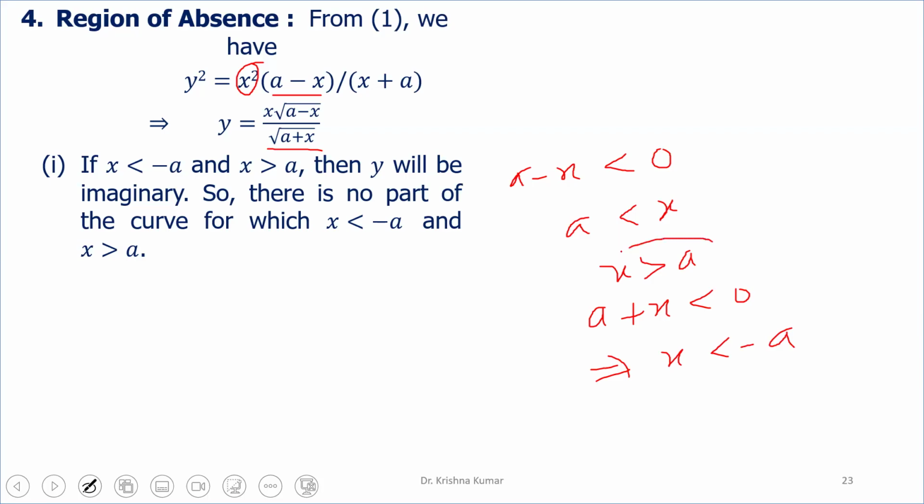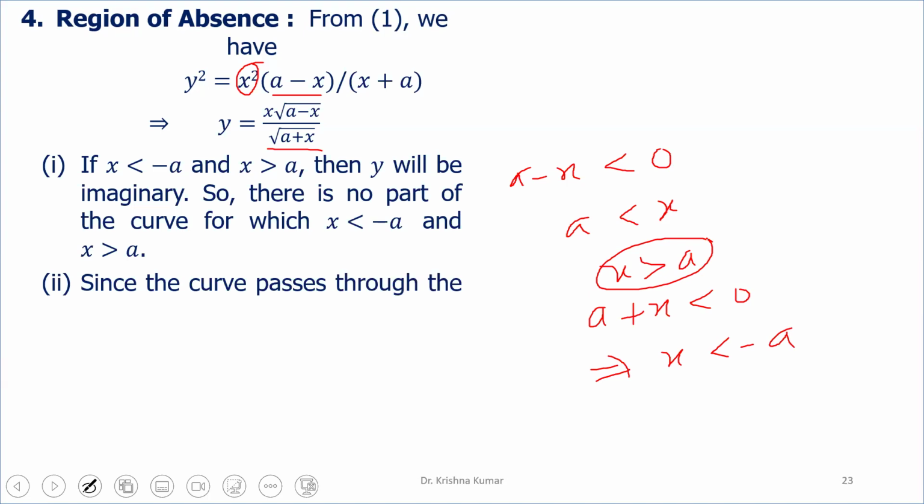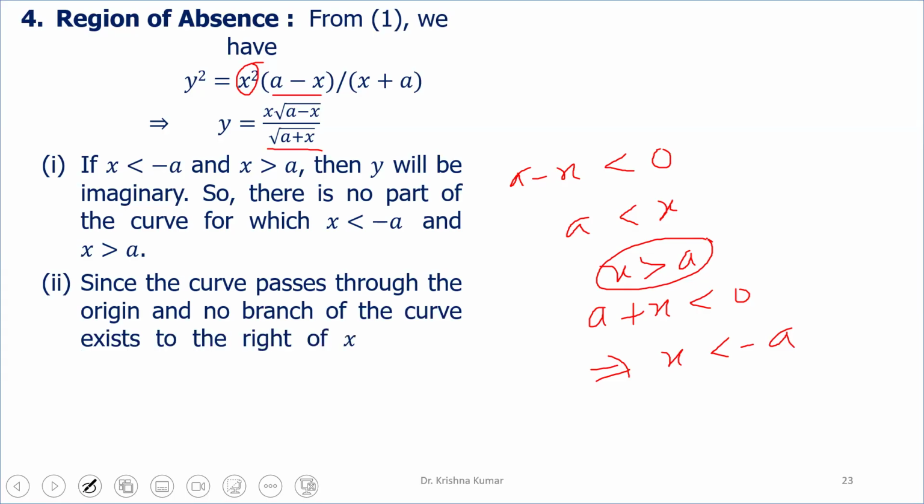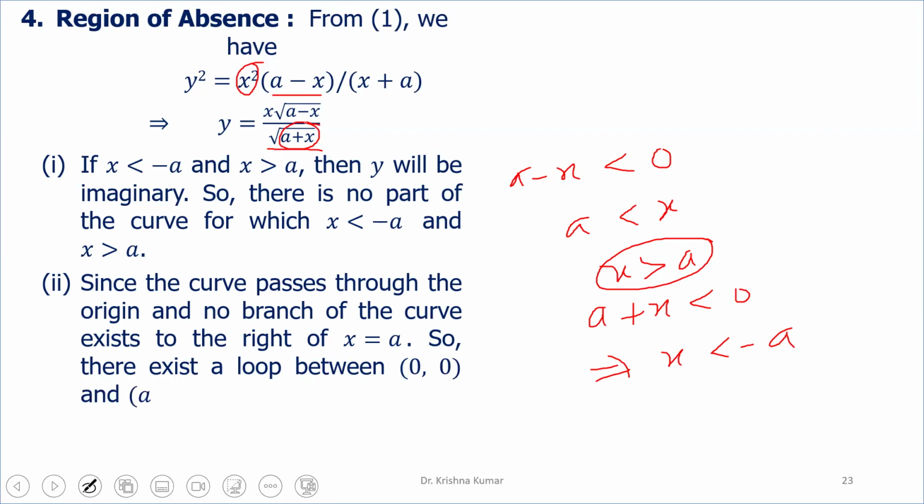So if x is greater than a, then the value of the root will be imaginary, meaning the quantity is negative, and the root of a negative number is imaginary. So ultimately y will be imaginary. Similarly, if x is less than minus a, then also y is imaginary.